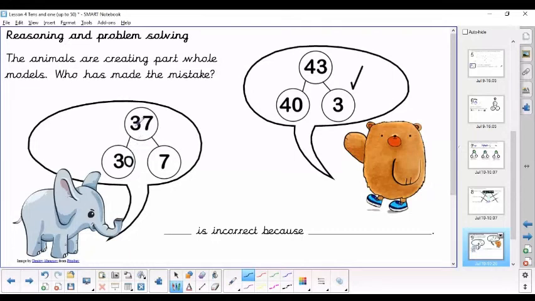Because in 3 tens there is 30, and here 7 ones, and there is the 7 in the box here, in the part here, so that's great. So the elephant is incorrect because they did not write 30 when there are 3 tens in 37.